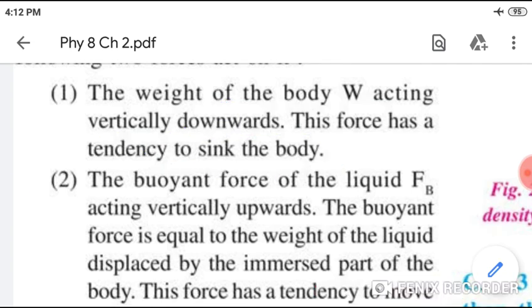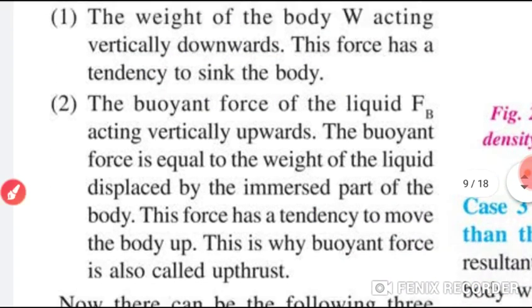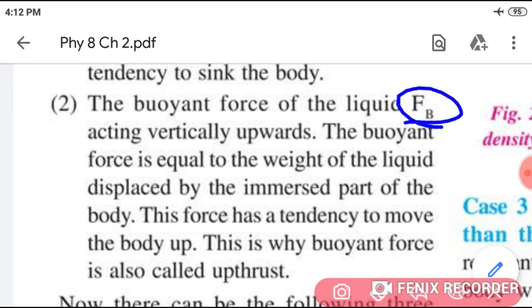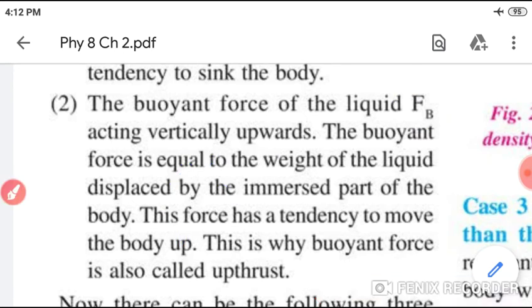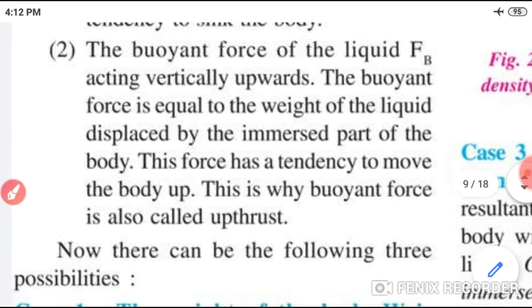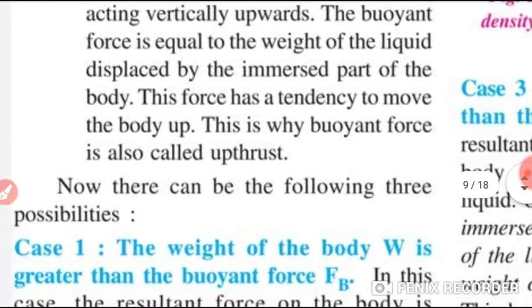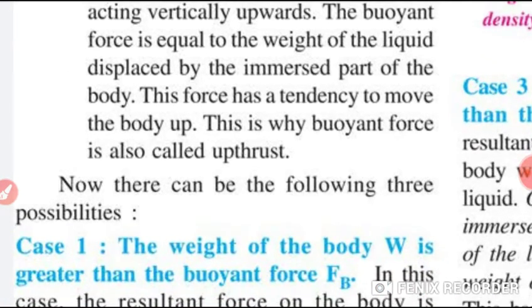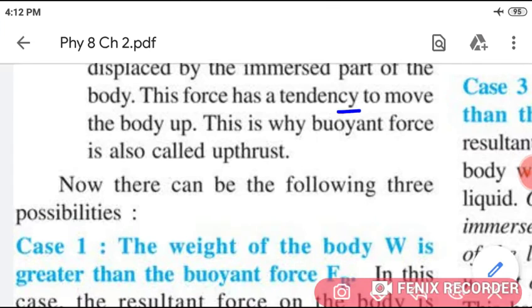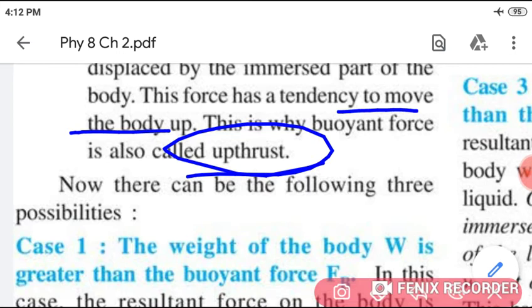Second is the buoyant force of the liquid, FB, acting vertically upwards. The buoyant force is equal to the weight of the liquid displaced by the immersed part of the body. This force has a tendency to move the body up. That is why it is also known as upthrust.